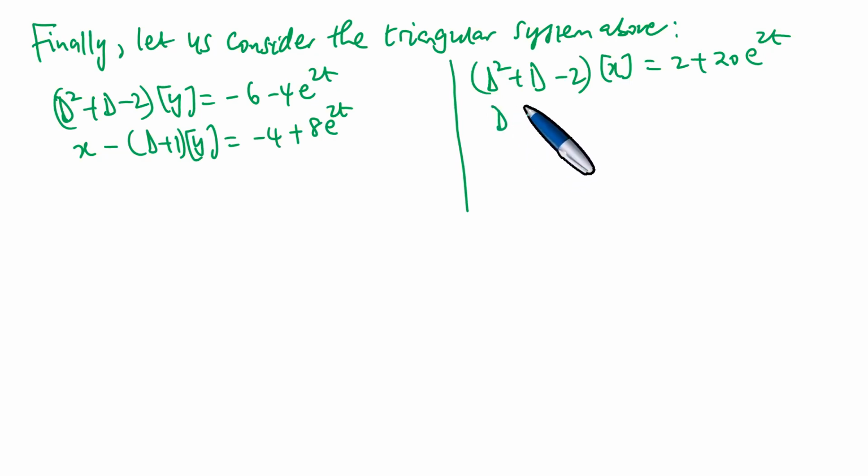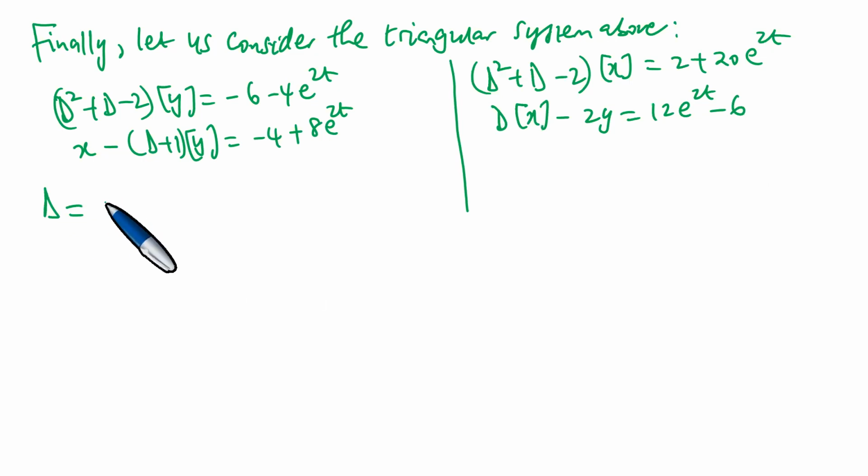So you have minus 2y, which is 12e to the twice t minus 6. Now we can write the delta. Remember how we wrote the delta.